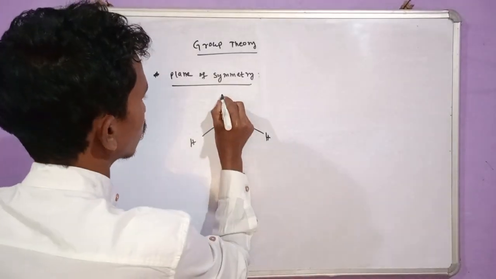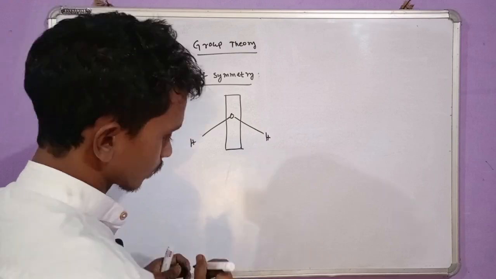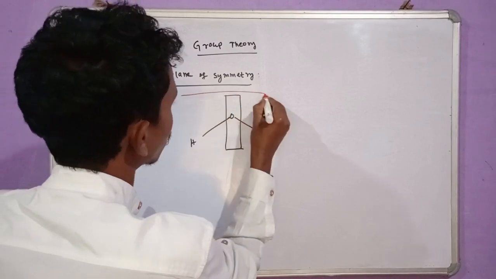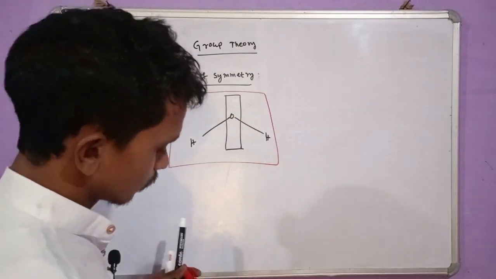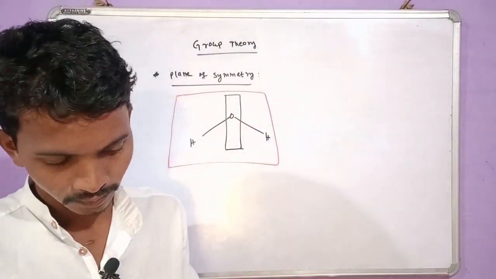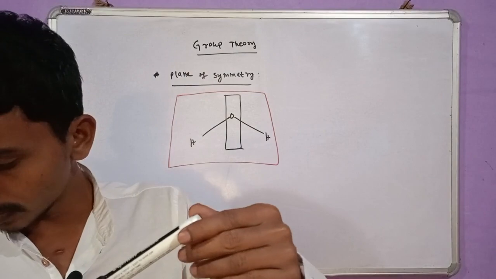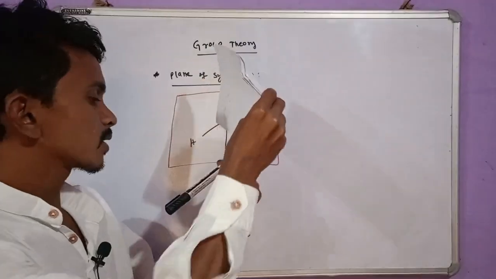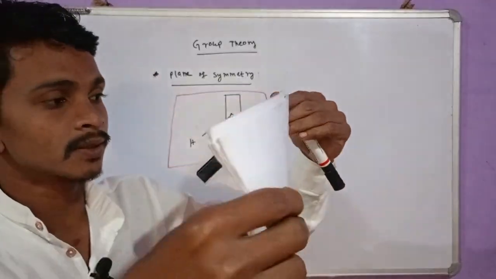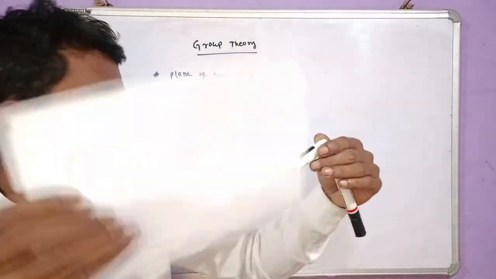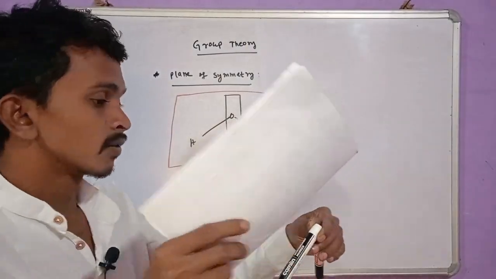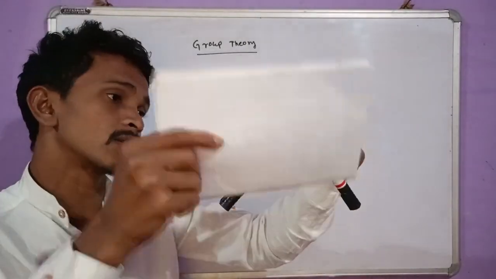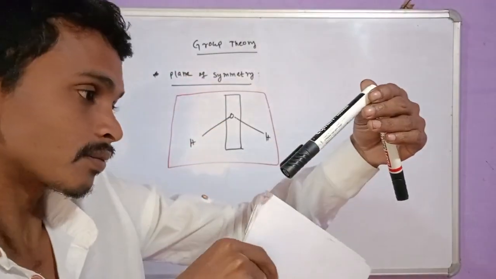In one case I was cutting with a plane like this, and in the other case I pass the plane through all the atoms. If this is the water molecule, then in one case I am passing a plane like this, cutting only the oxygen atom, after which the two halves reflect each other. In the other case, this red line, I am passing the plane like this, which cuts oxygen and hydrogen, all three atoms.